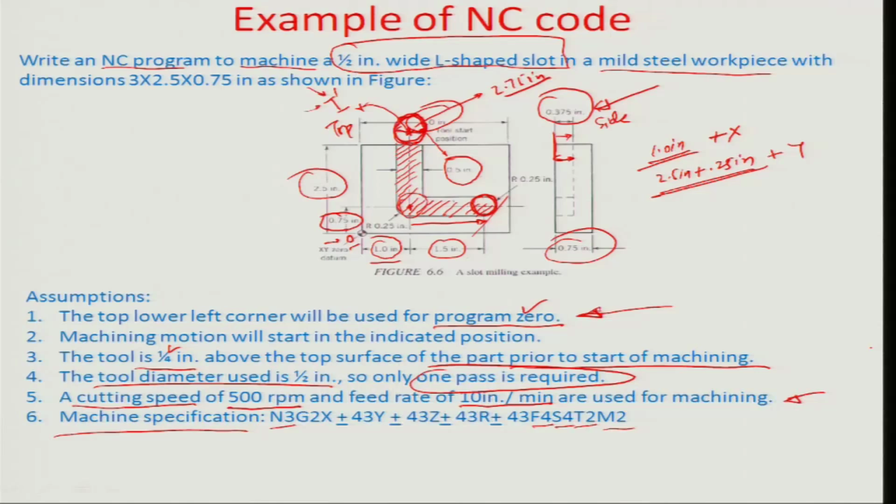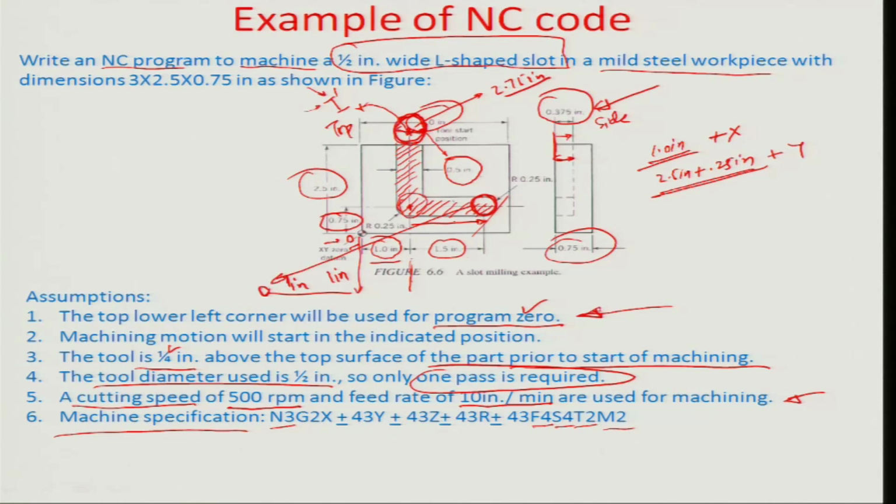So if we can go back from the origin to, let's say, some position somewhere here corresponding to about 1 inch in the negative y direction, and again 1 inch in the negative x direction, then obviously the tool is in the safe zone. So somewhere here the tool can be located.